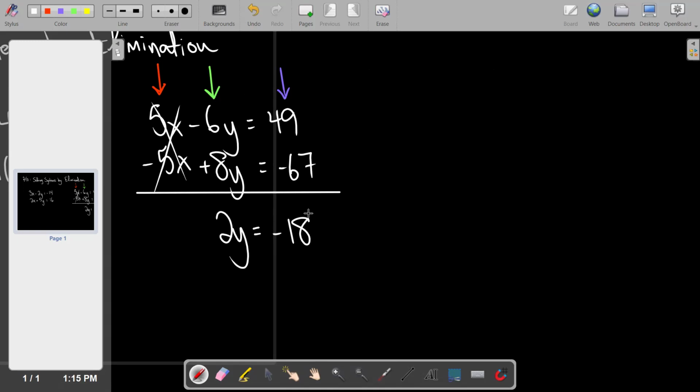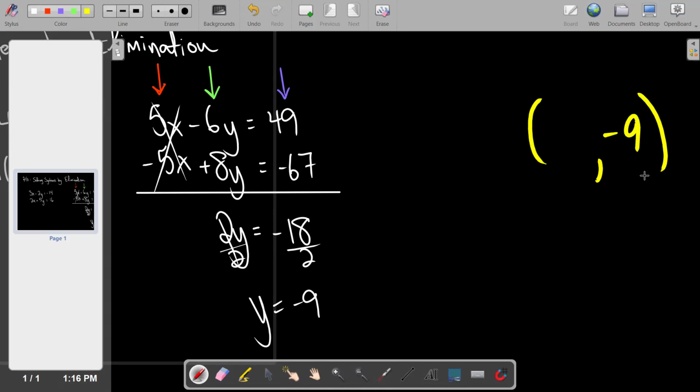But with elimination, it's just boom. It just fell into our lap. And now you've got yourself a little sixth grade equation. Divide both sides of this little equation by 2, and you are done. Now, when I say done, I don't mean the problem's over, but you're done with finding your first answer, which is the y coordinate, which is -9.